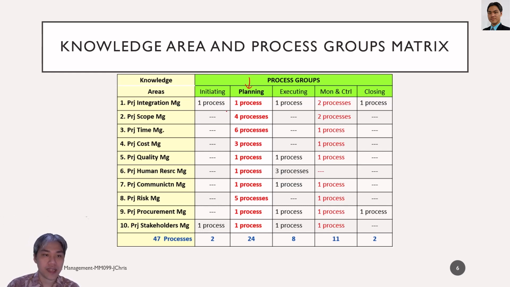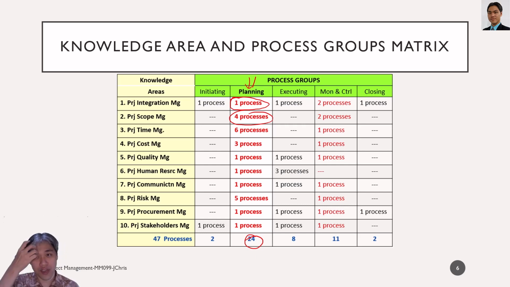In this planning, there are various management knowledge areas that need to be used. There are quantities of processes that need to be done, and the corresponding knowledge areas that are needed. For instance, in this planning process group, there are a total of 24 processes.